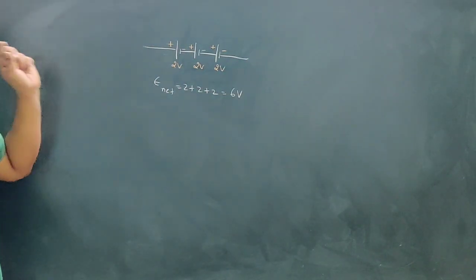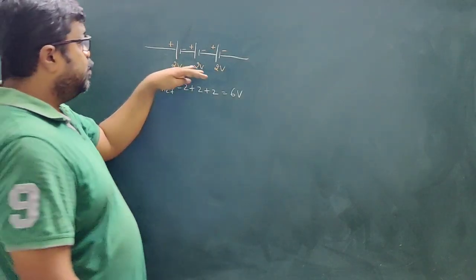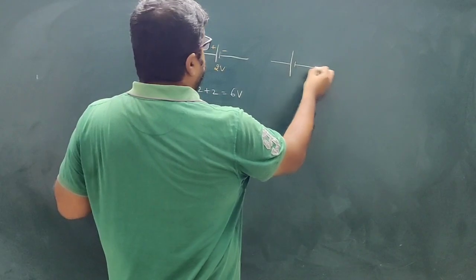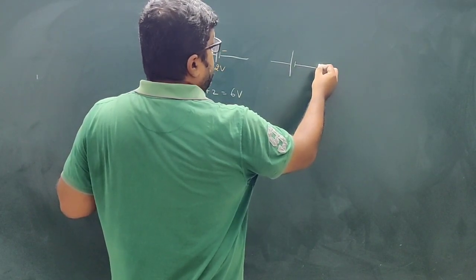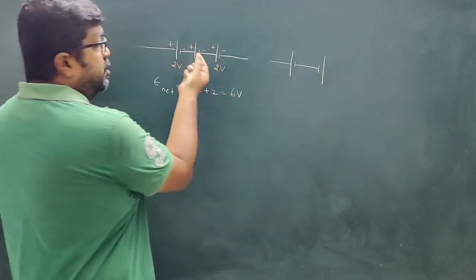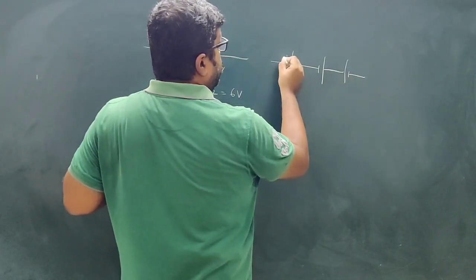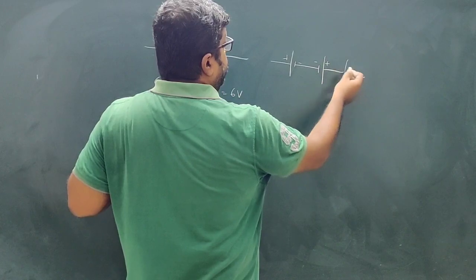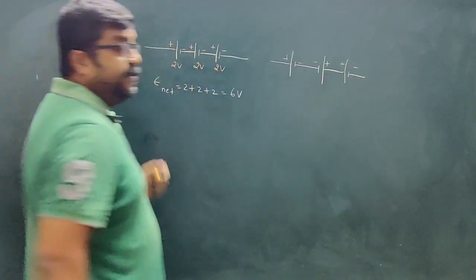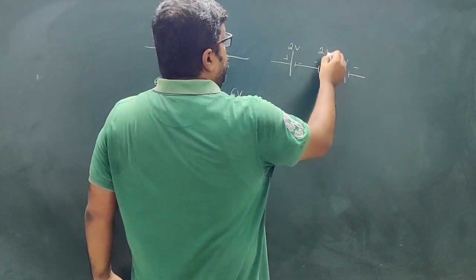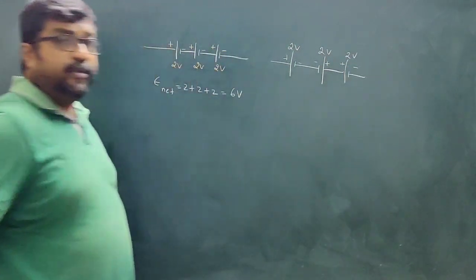Now what happens if the cells are wrongly connected? Suppose one cell is wrongly connected. So this is the wrong connection, and suppose the others are properly connected. So this is positive, negative, negative, positive, positive, negative. Okay. So this is 2 volt, 2 volt, 2 volt.